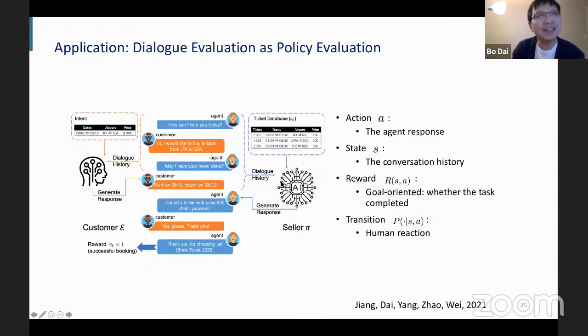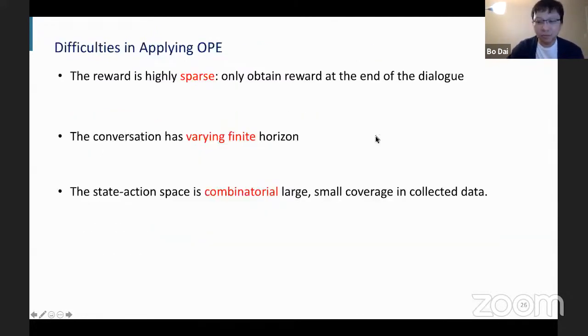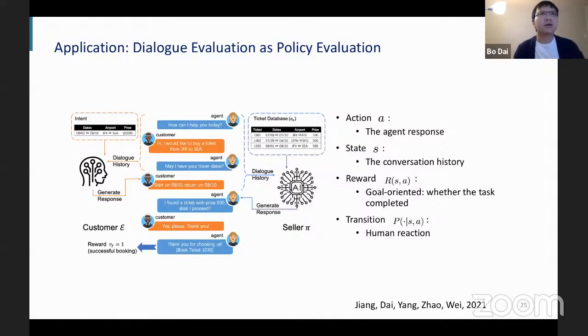Concretely in this setting, we first formulate it as an MDP. That means we want to match action, state, and transition for this particular application. The action A is just the agent response, and the state is the conversation history. As I mentioned, the reward is just whether the task finished or not.